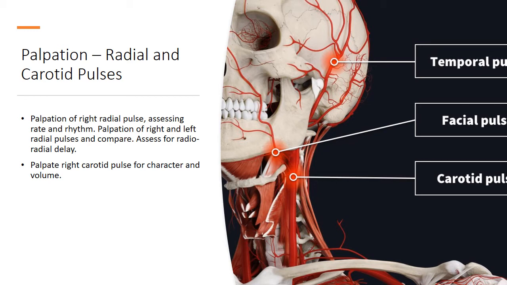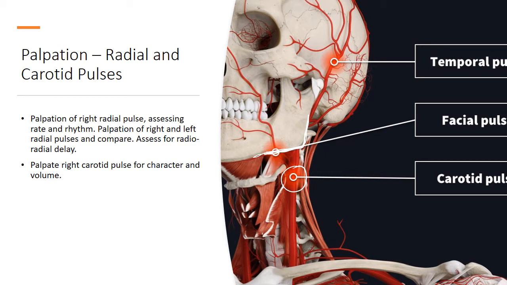But the best place to palpate the carotid pulse is just beneath the angle of mandible here, you can see me drawing that on there, and where it says carotid pulsation here, I would aim for just beneath the angle of mandible, which is actually where our common carotid bifurcates.